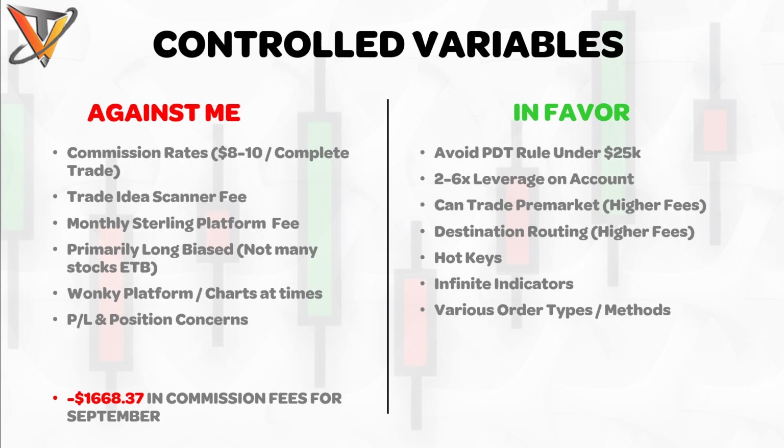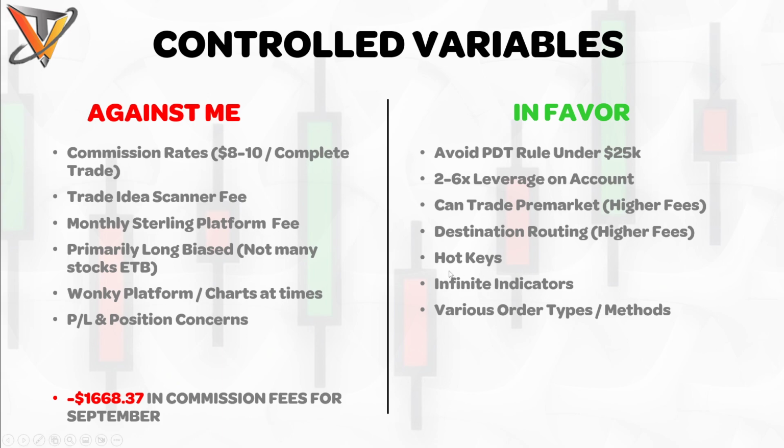I know a lot of people who trade pre-market and actually make a lot of money and come into open already set. But for me, I just haven't found that to be where I should be trading, I guess. I also have hotkeys, so I'm allowed to put whatever keys I want, and all the types of order types, like a trailing stop, stop orders, limit orders, everything like that.